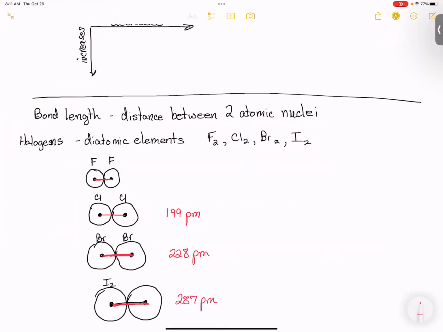So basically, as you increase the atomic size, you increase the bond length, because there's going to be a greater distance between the atomic nuclei in those atoms.